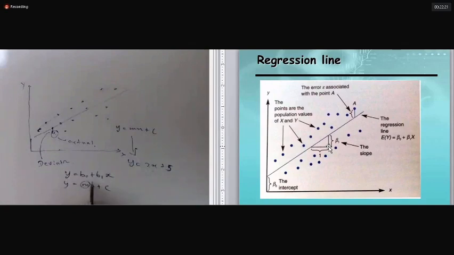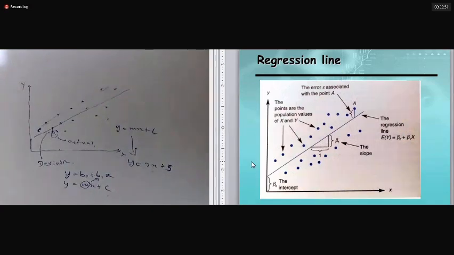So m is b1, because here b1x is mx, and b naught represents c. From this graph you can see this is the b naught, represented here as beta naught, and beta 1 is the gradient of the line. Now if we know these things, we can find the line.